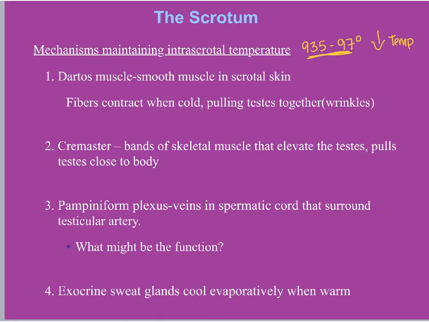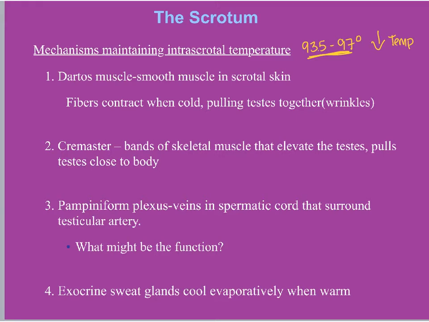And so one of them is a muscle called the dartos muscle, and that's embedded in the scrotal skin. That dartos muscle, when the smooth muscle fibers contract, they pull the testes together. So the pulling of the testes together helps to increase the temperature of the testes.